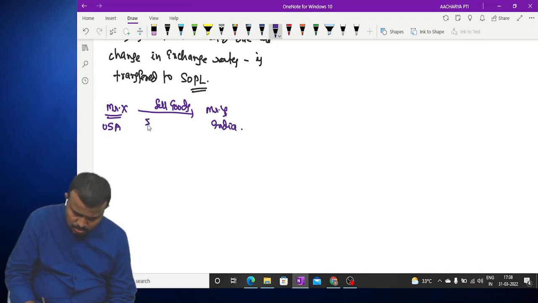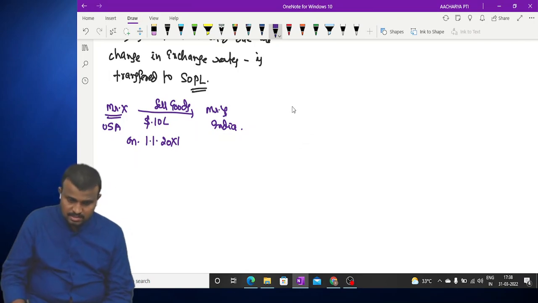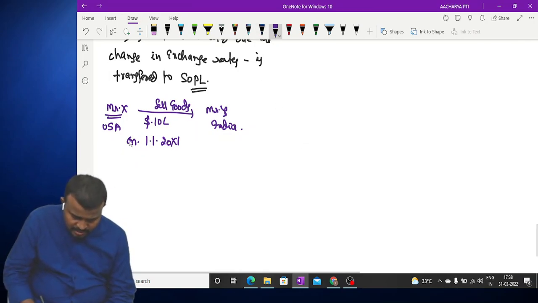The total worth of the goods sold is around 10 lakhs on 1-1-20X1. On that date, what is the entry to be recorded?